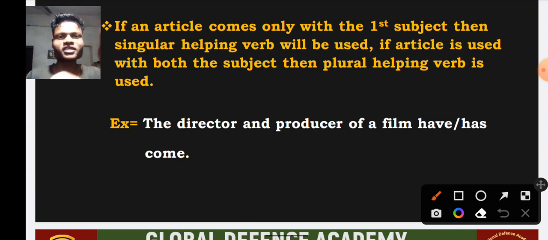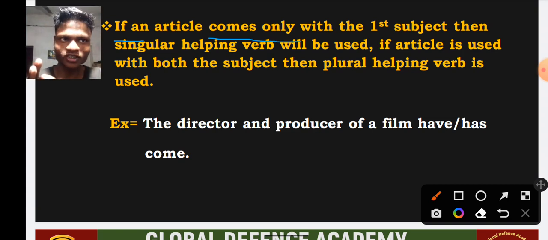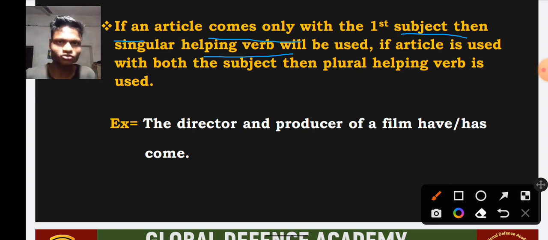Listen carefully. If an article comes only with the first subject, then a singular helping verb is used, and when an article is used with both subjects, then a plural verb is used.